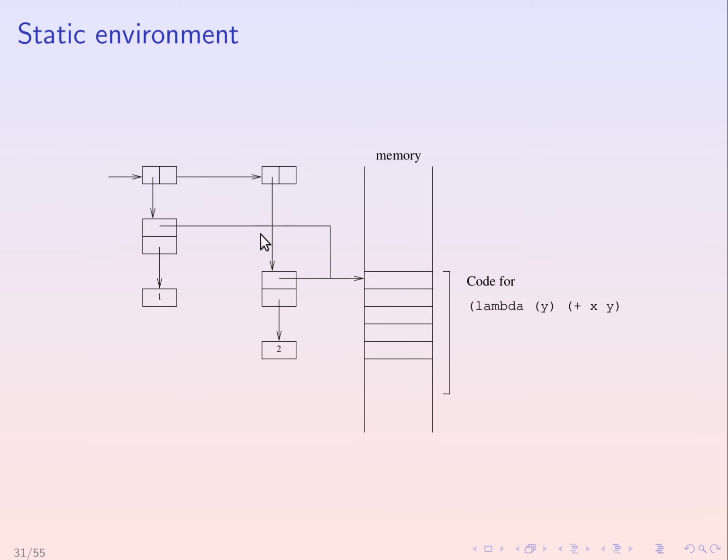It contains two function objects. Each function object points to the code for the anonymous function, and they share the same code, but the static environment is different. The static environment of the first function contains 1, and the static environment of the second function contains 2.